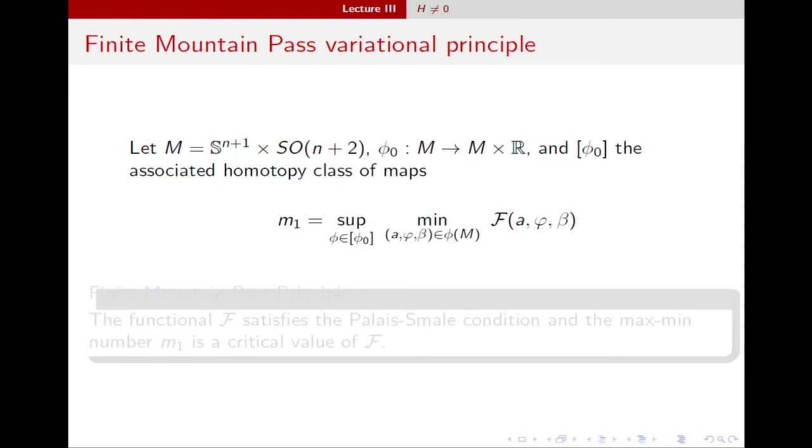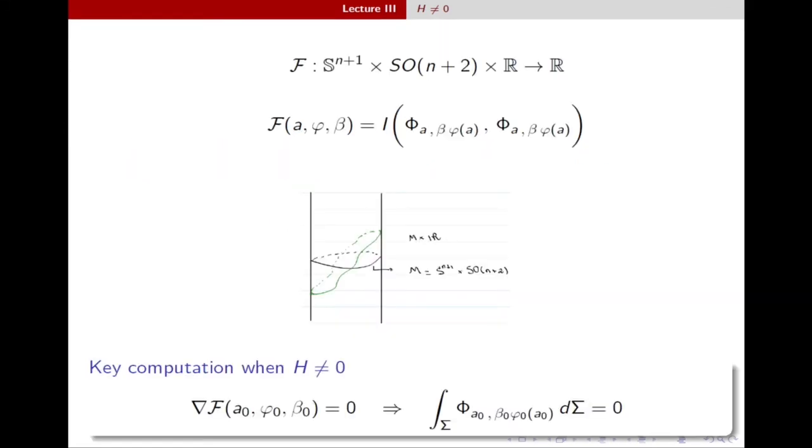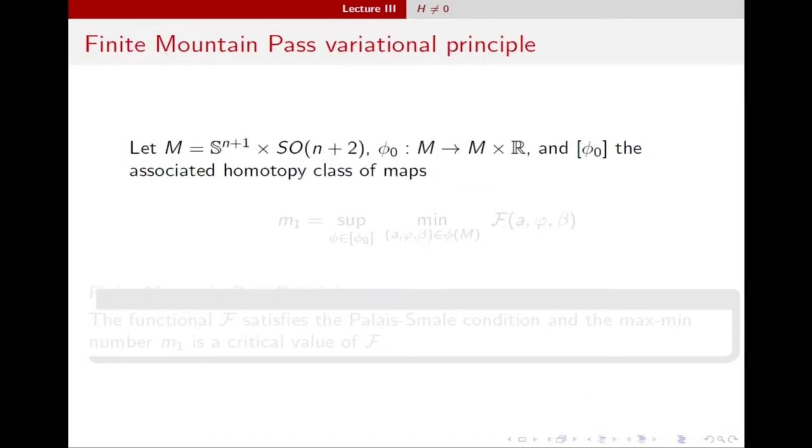So essentially we minimize the functional in the image of this map, and then we try to maximize in the homotopy class associated to that map, right? So here we have an example of a map which is homotopic to the horizontal slice, okay? So this is a max-min variational problem, right?